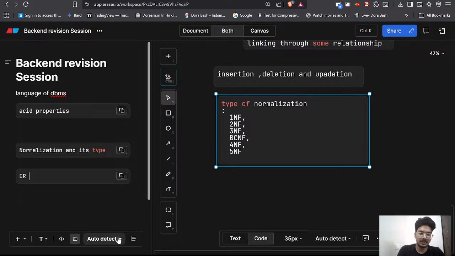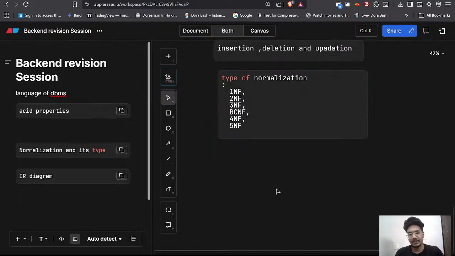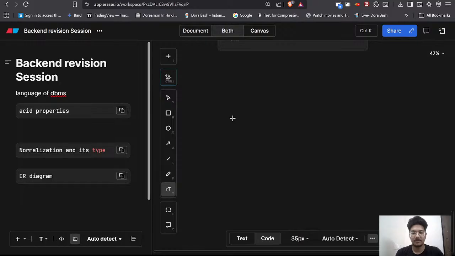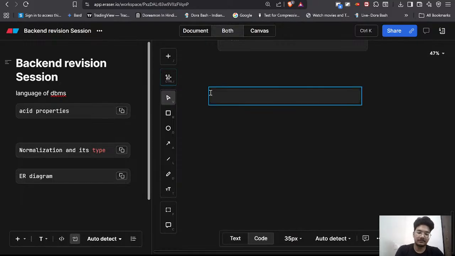ER stands for entity relationship diagram. The ER diagram displays the different entities and the relationships among them stored in a database.